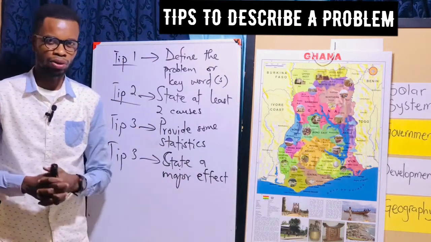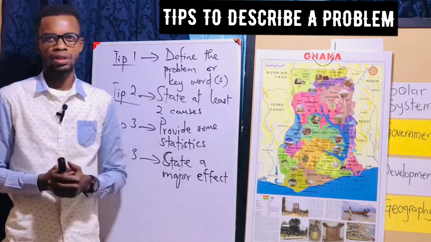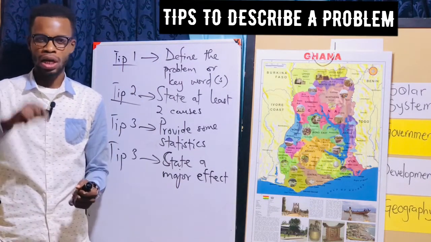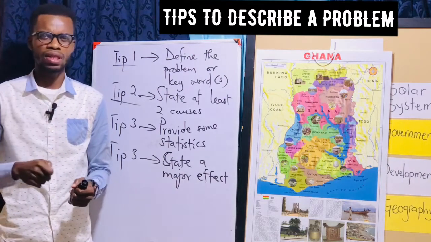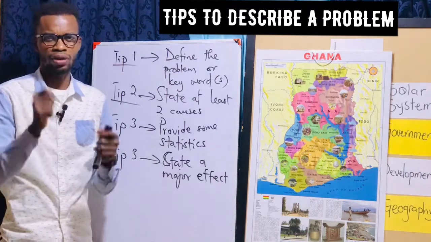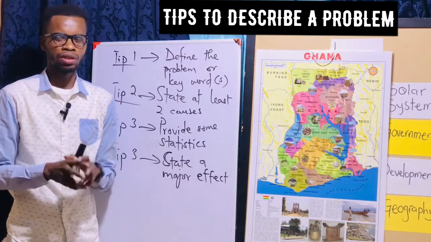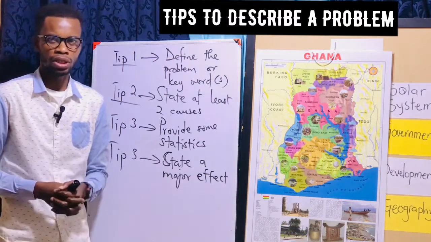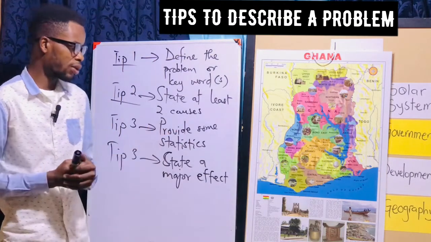You can also talk about some of the effects. So read widely about the problem and be sure. I always advise students that when you are describing any problem, make sure you have a lot of information about it. Don't choose problems that you struggle to provide information on. That is how you present.